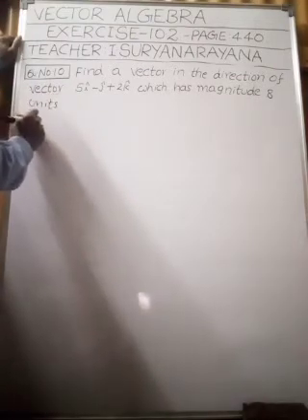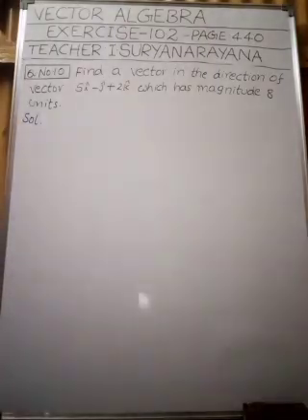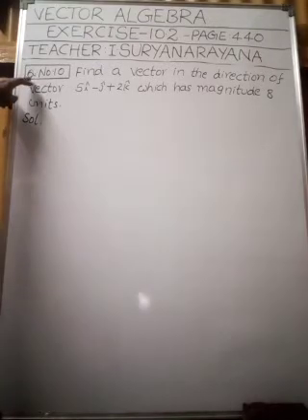Okay, my children, understood this question? Here I am not explaining question number 8 and question number 9. Please try question number 8 and question number 9 yourself, my children. If you have any doubts, ask and get your doubts clarified. Okay, my children. So here I am explaining question number 10.